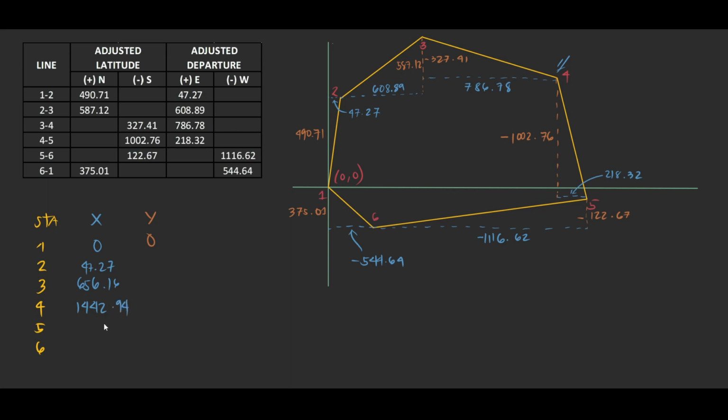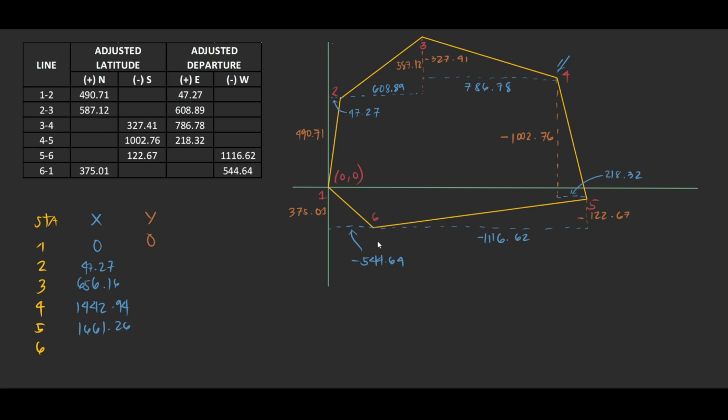Okay, and then we add another 218.32 to find the x coordinate of station 5. So 1442.94 plus 218.32, that will be 1661.26.